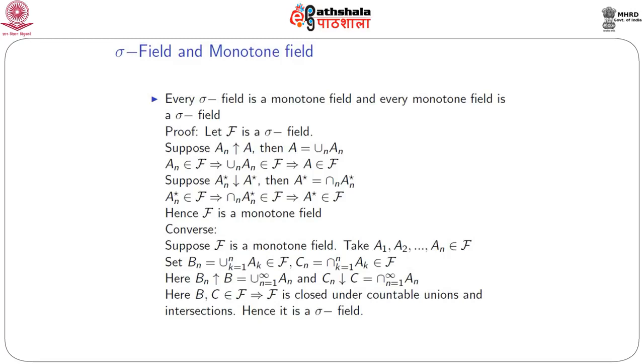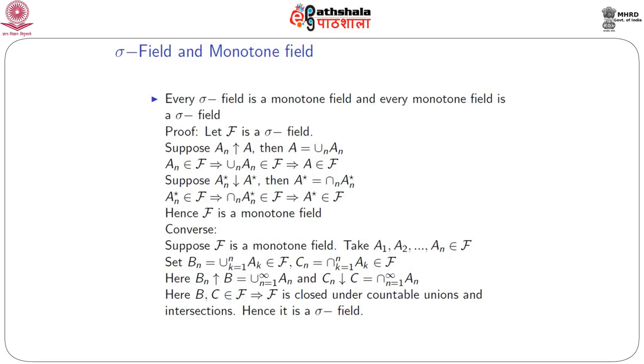Now, a n belongs to script f, that implies union over a n will also belong to script f, because script f is a sigma field, and if script f is a sigma field, it is closed under countable union, and union over a n is nothing but the limit. So, a belongs to script f.